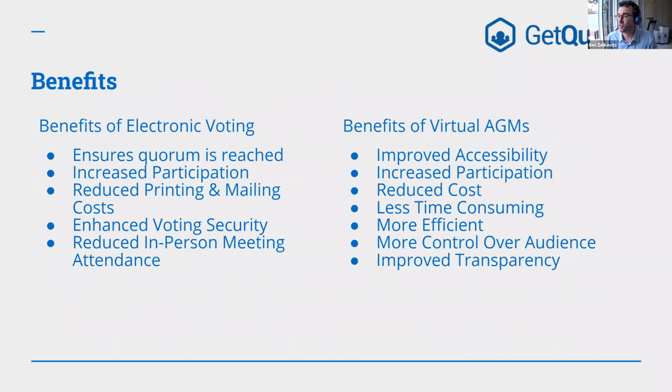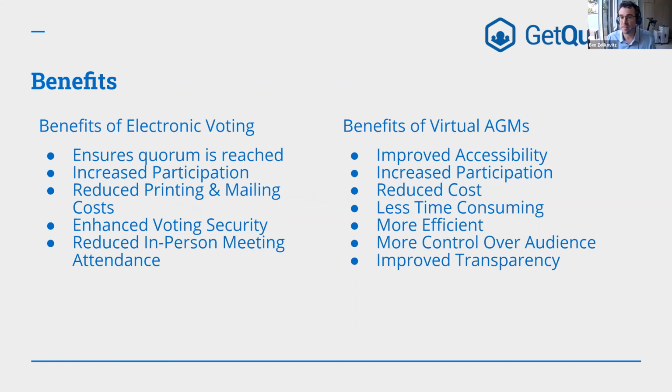What are some benefits that you might want to consider when you are first considering electronic voting? On the electronic voting side, it ensures that quorum is reached. Electronically submitted proxies count towards quorum, and it gives the owners and members the opportunity to participate in advance of the meeting. So no longer are your board members or your property managers knocking on doors to ensure that you've got quorum and that you've got a successful meeting.